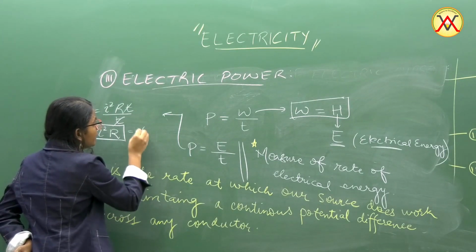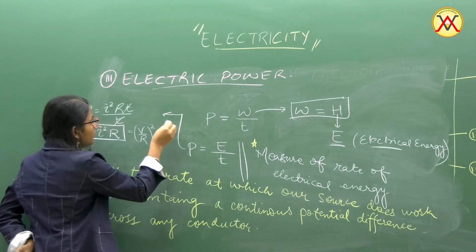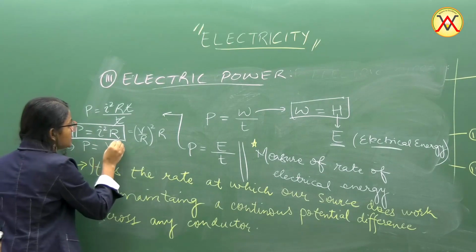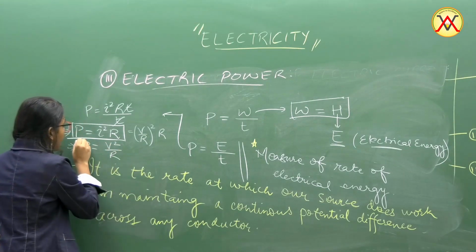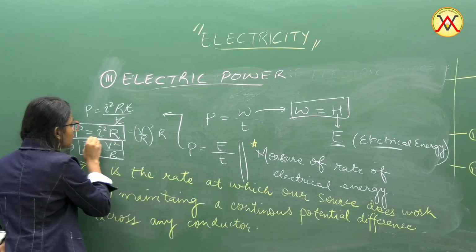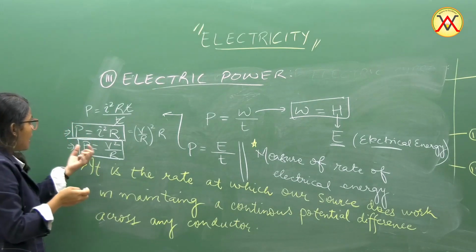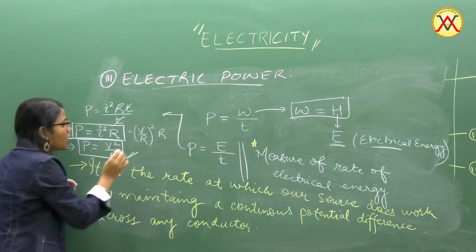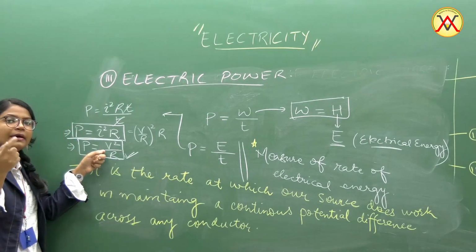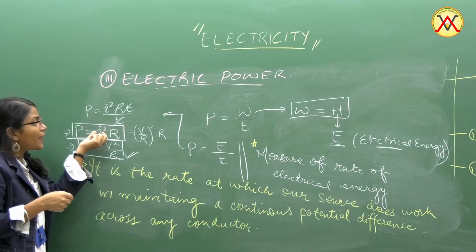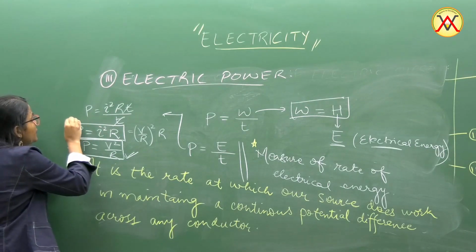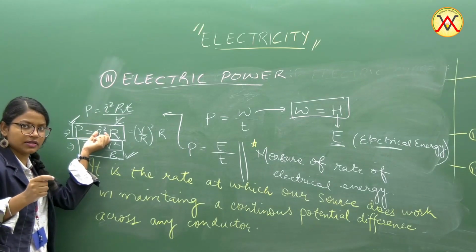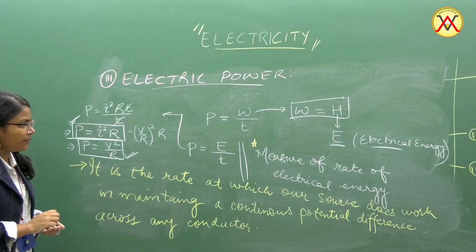Instead of I, we write V by R into R. So we get another relation for power as V square by R. Whenever we are given a parallel circuit, we shall use this formula to find our power, but in a series circuit, since current is the same, we shall use the other formula to get our result. Alright? Okay.